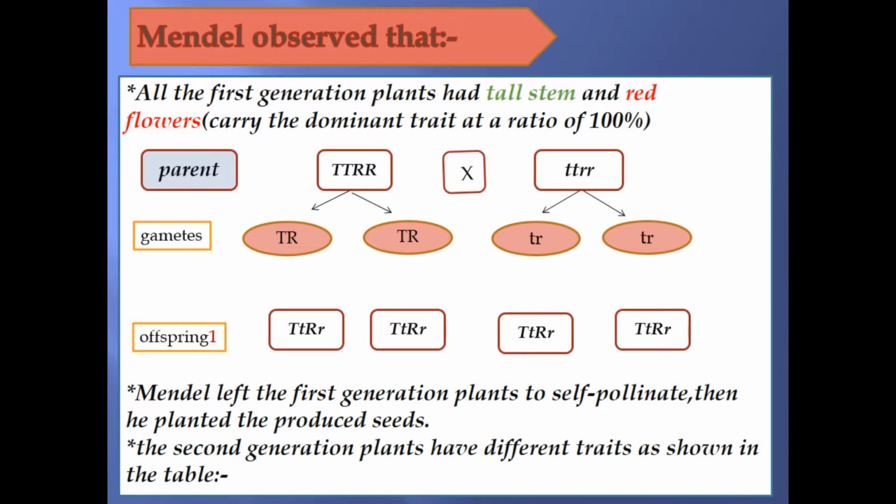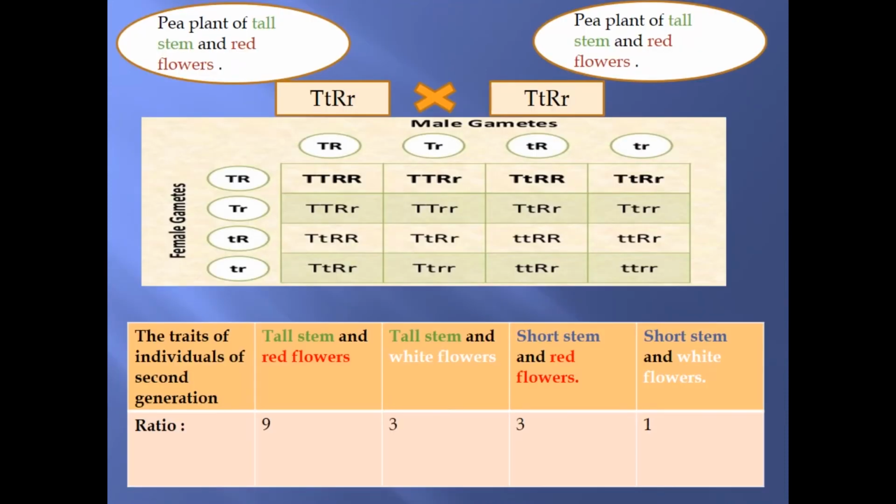Mendel left the first generation plants to self-pollinate. Then he planted the produced seeds, waiting for the second generation plants. And he observed that the pairs of dominant traits and those of recessive traits that were inherited together from the first generation got separated in the second generation, and each trait made a new mixture of traits that didn't exist before.